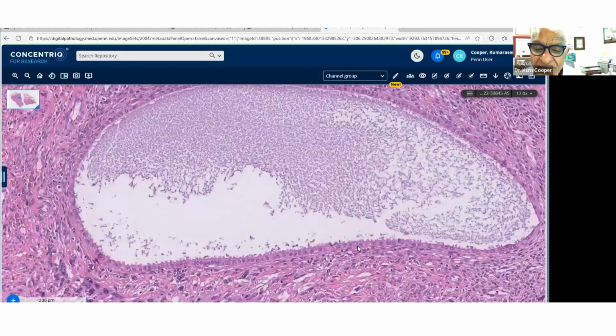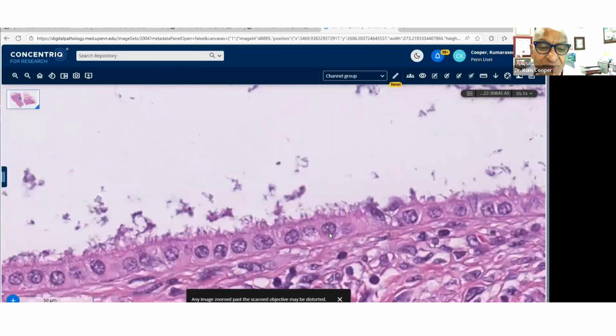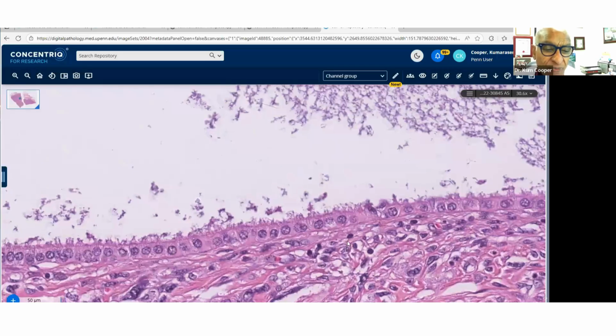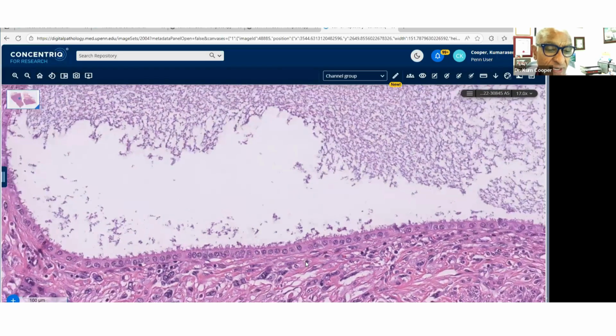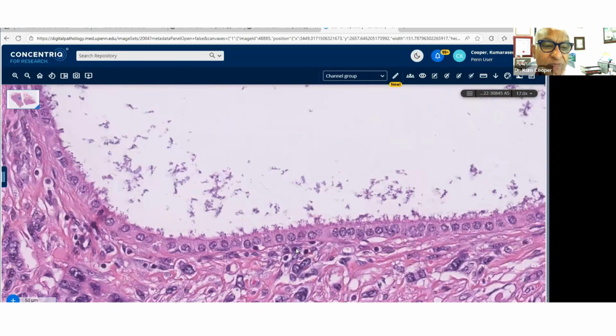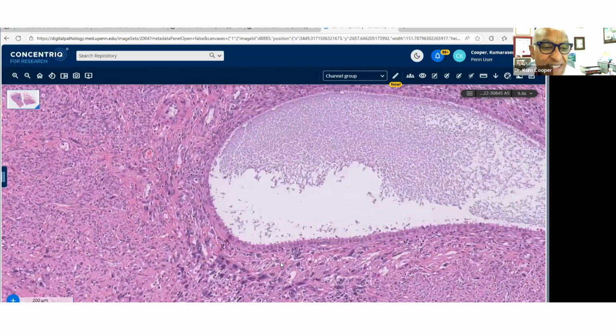And those of you who are focusing much better than I do probably appreciate some of this looks ciliated as well. The epithelium is cuboidal, of medium height, but with nice round uniform nuclei, no mitotic figures, and you can see these ciliated structures throughout as well. So that's the second component.